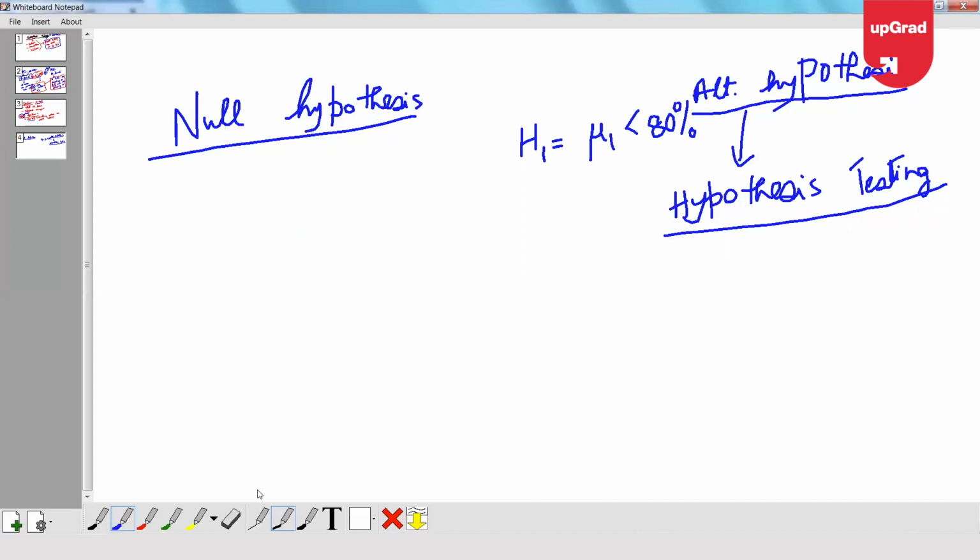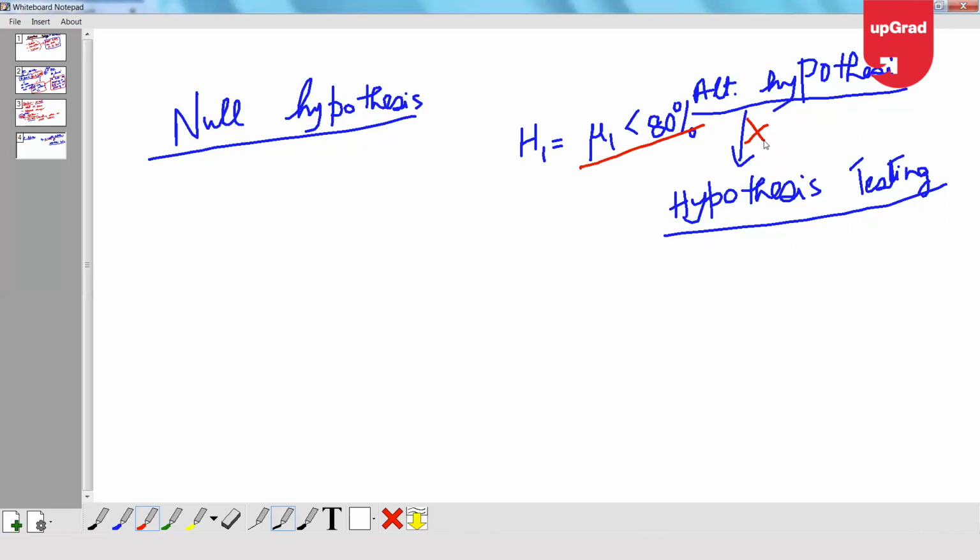So, at least till now, we cannot test this. There are no such tests available through which I can test my alternate hypothesis. So this does not work. Okay, then how do I prove it?